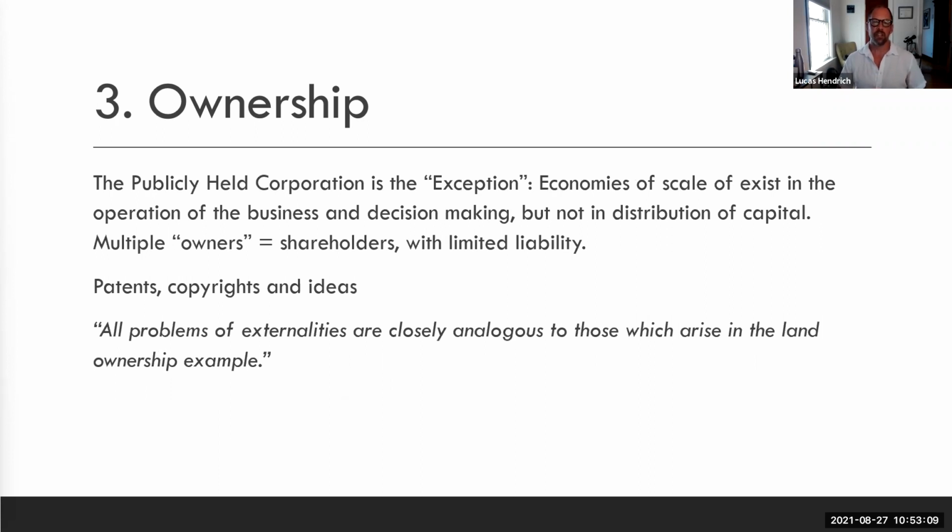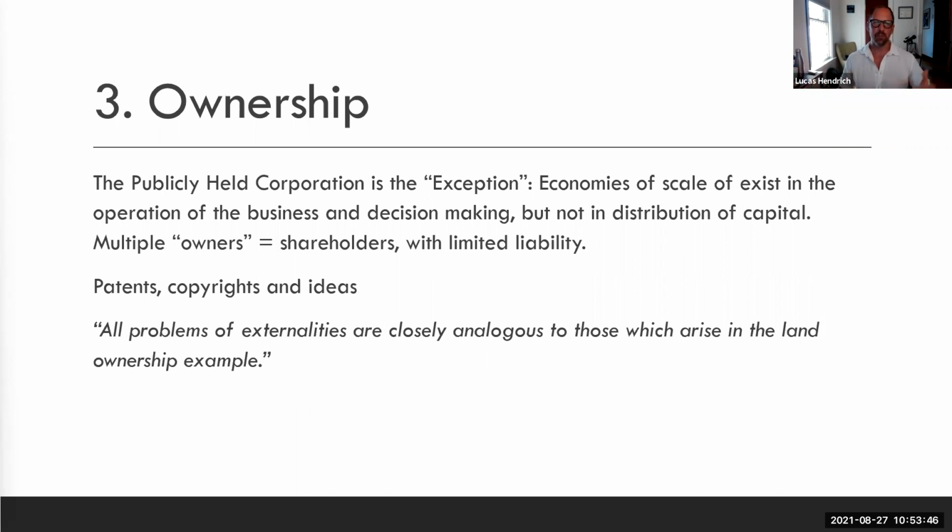So there is some discussion about publicly held corporations, and as an exception, that's his uppercase exception. I found this section to be a little less important, in the sense that it was more like we need to cover this idea because someone could say, well, what about the corporation? With a publicly held corporation, you see a mixture of components that don't make it really analogous to land use.